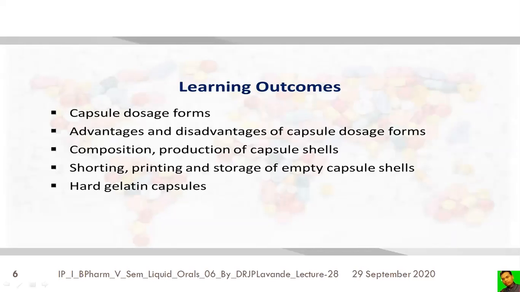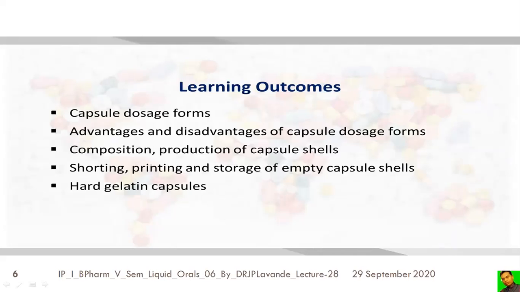The learning outcomes for the capsule are: what the capsule dosage form is, what the advantages and disadvantages of capsule dosage forms are, what the composition and production of capsule shells is, how they are going to be produced, sorted, and printed, and how empty capsules are to be stored.